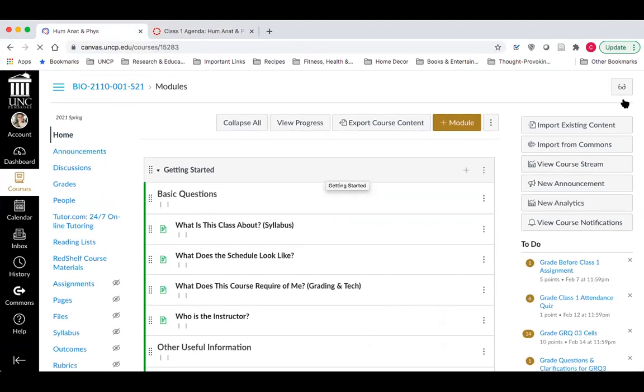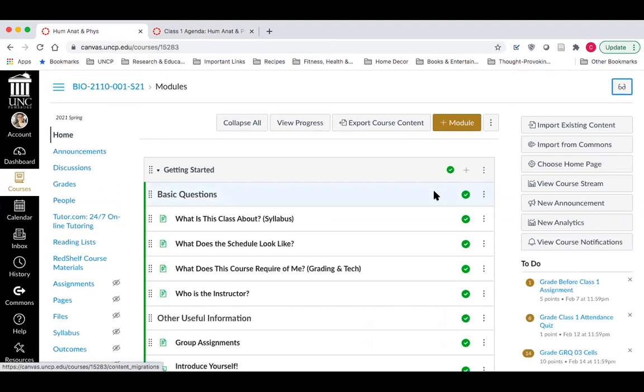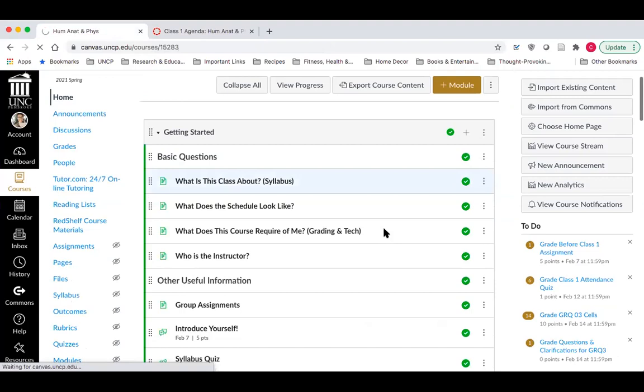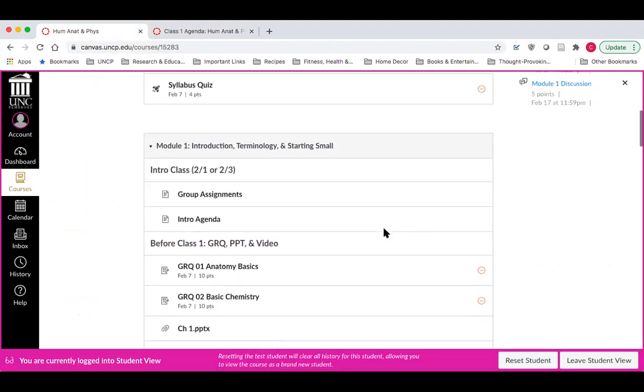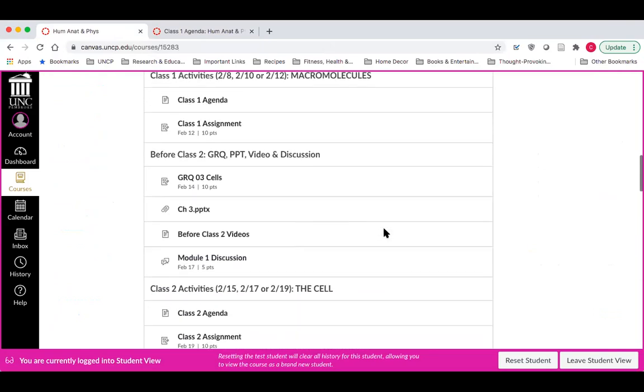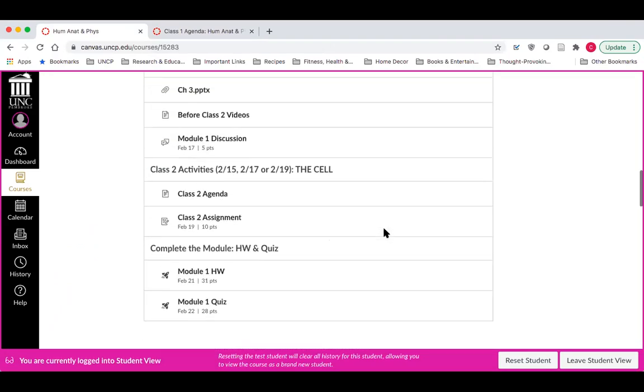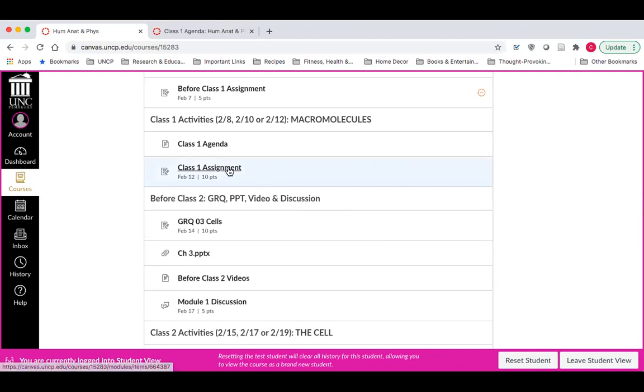So if you are in, let me make sure I'm in student view here. Give it a second, it's thinking. Okay, so if you are here on your Canvas page and you scroll down, what I would like you to do is put them here on your class 1 assignment.